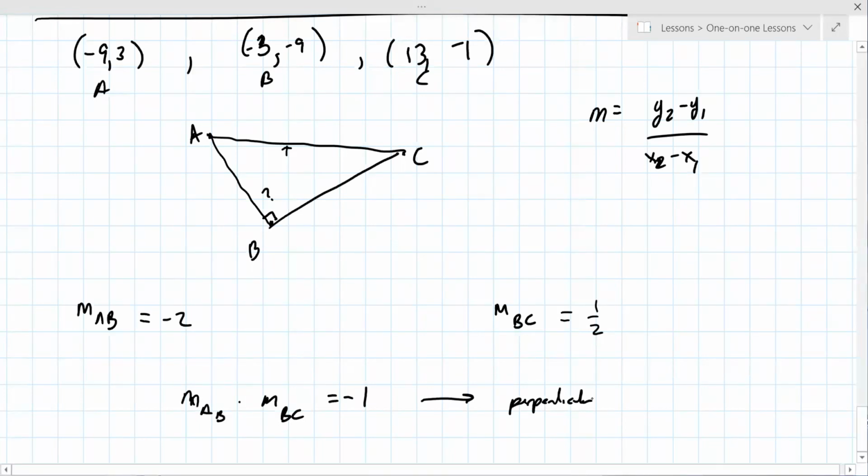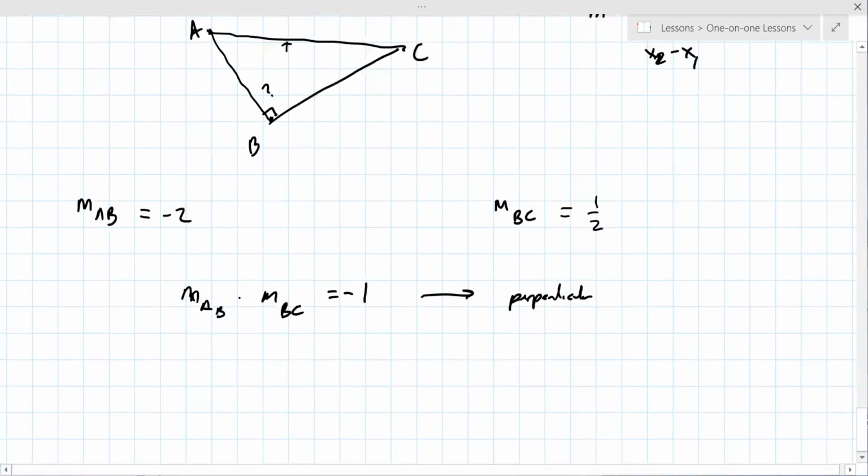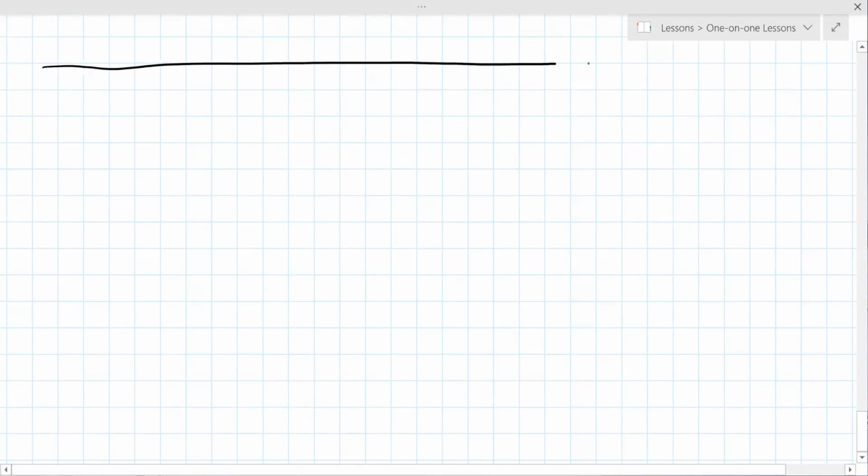Now there's another way to do this, and I'm going to attempt to do that here for you. I'm going to draw it better this time though, because it will be useful for learning. So I'm going to pretend like my origin is there, and I'm going to go -9, and then up 3.